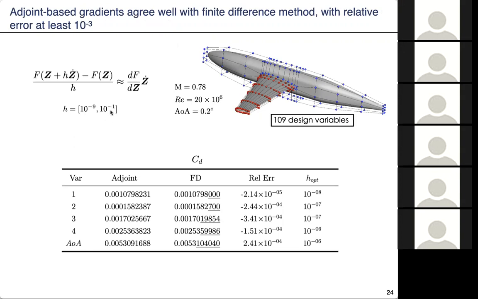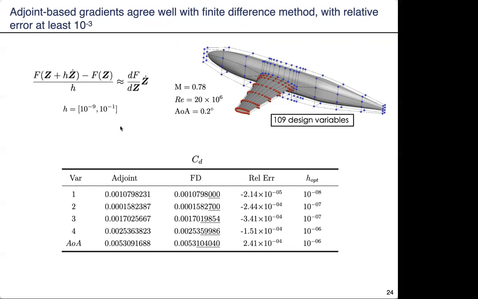For the finite difference method, we run several steps and choose the optimal result, which is close to the adjoint-based gradients. And the adjoint-based gradients match the finite difference with relative errors of at most 10 to the minus 3, given the error inherent in the finite difference approximations.